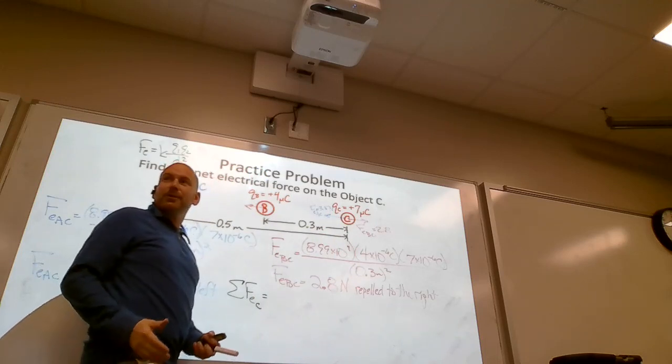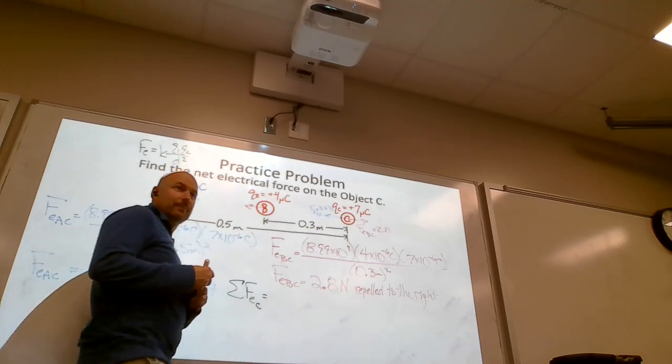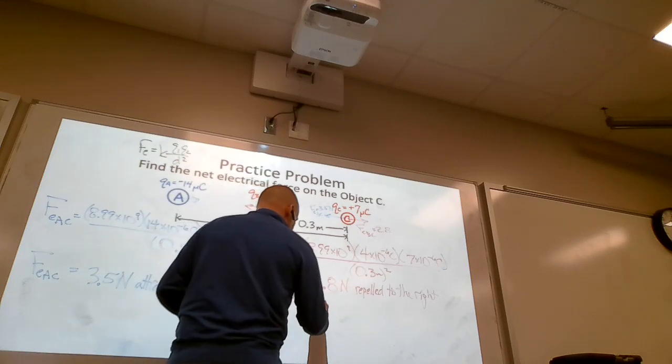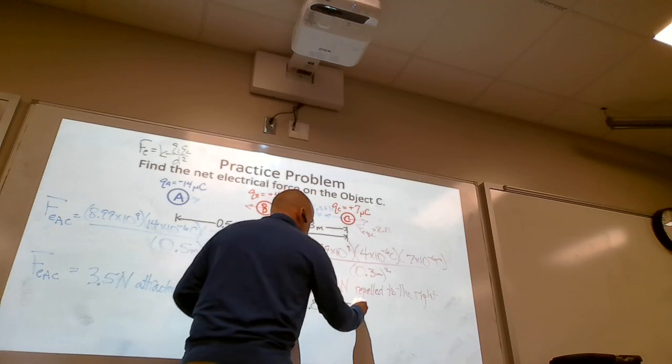So the net electric force, you're going to subtract. So you got 3.5 minus 2.8 equals 0.7 newtons.